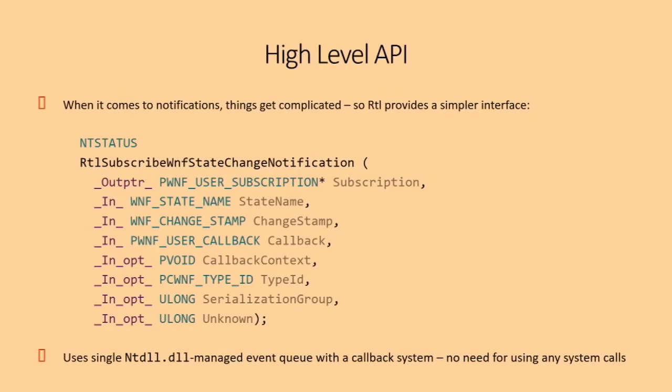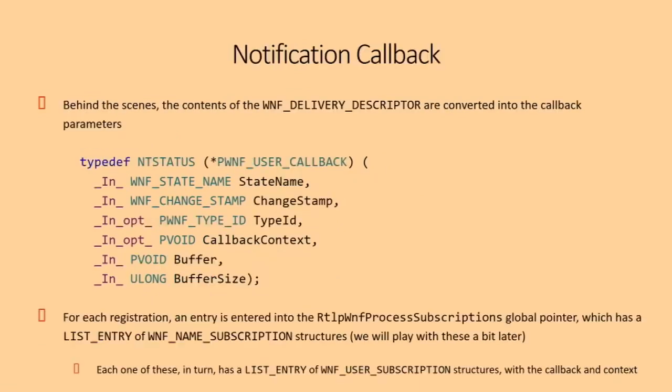It uses its event, and every time its event gets signaled, it goes over the list of all the current subscribers in the process, figures out who owns this particular event, and then notifies that subscriber by issuing a callback. So you're supposed to rely on this, not on basically calling syscalls yourself, if you want the notifications to work. And this will have some interesting use cases when we talk about forensics and some attack surfaces.